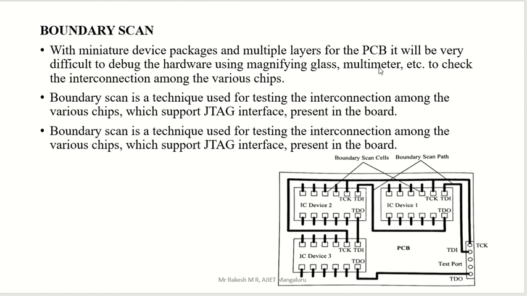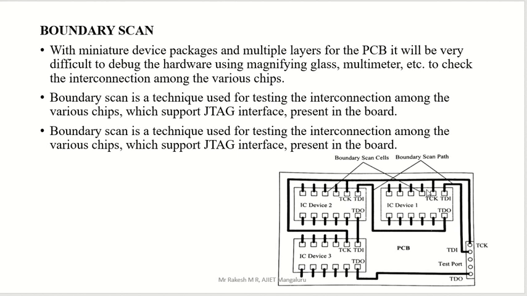In order to check the interconnection among the various chips in small devices, you can see this is connected to here like this. This is one chip, this is one chip, this is one chip, ICs. All ICs are interconnected to each other, and there is soldering.